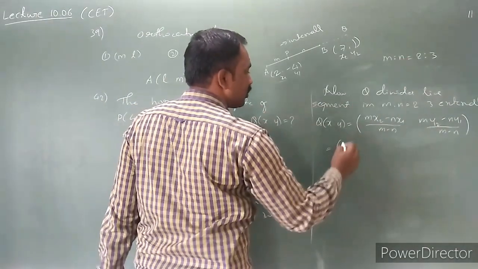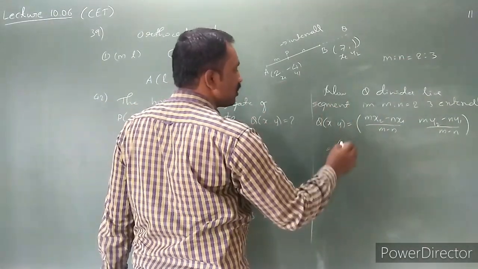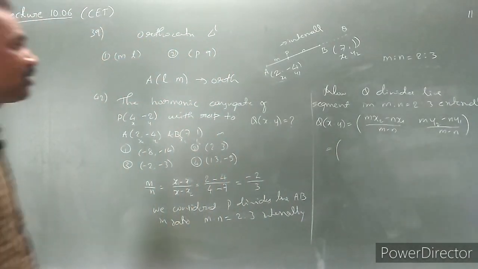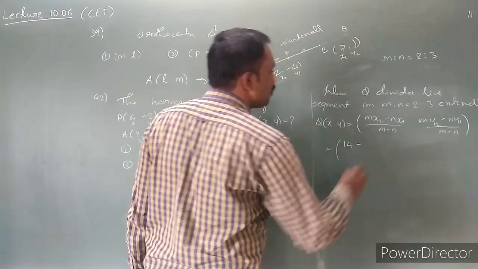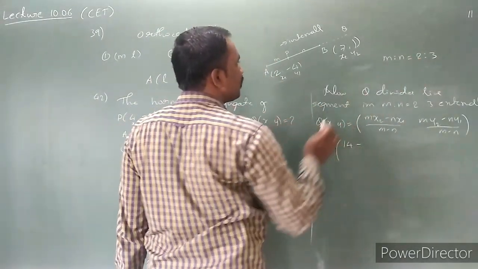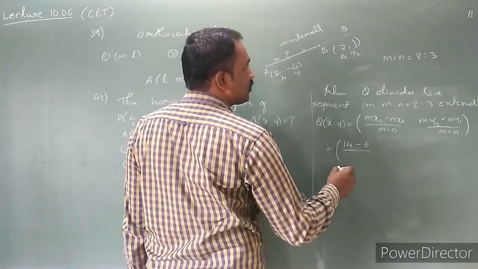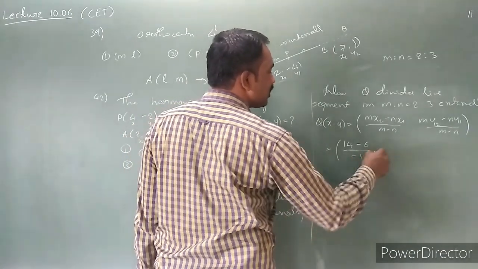Replace and simplify. m is 2 into x2, x2 is 7, 2 into 7 is 14, minus n x1, n is 3, 3 into 2 is 6, divided by m minus n, which is 2 minus 3, that is minus 1.